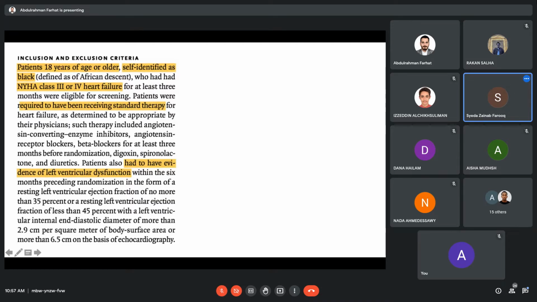They were also required to be receiving standard therapy and to have evidence of left ventricle dysfunction. Okay. These are the inclusion criteria used in the article.